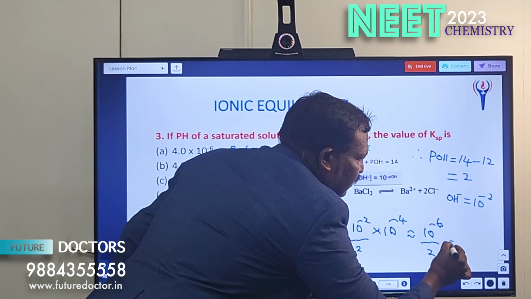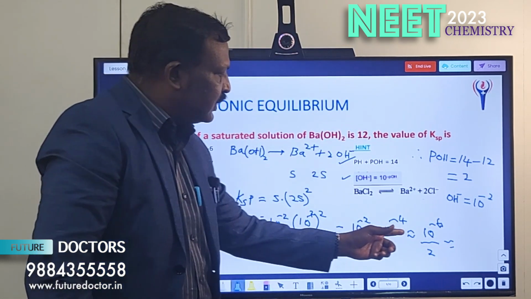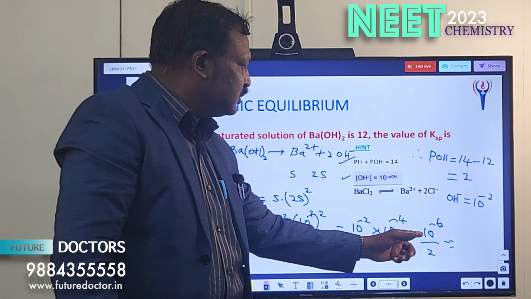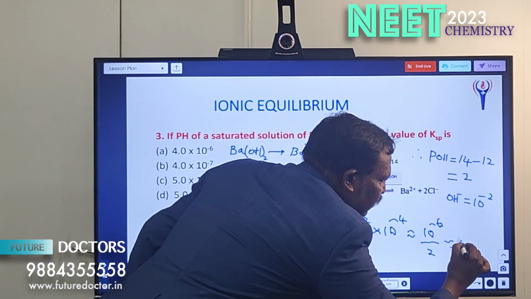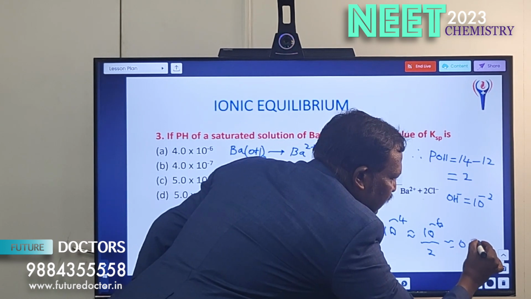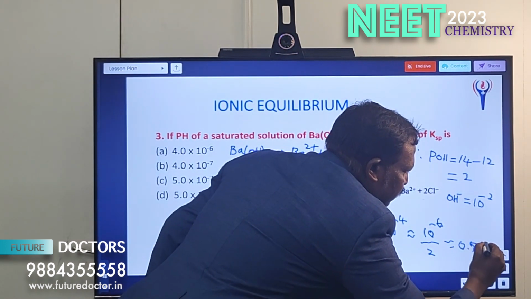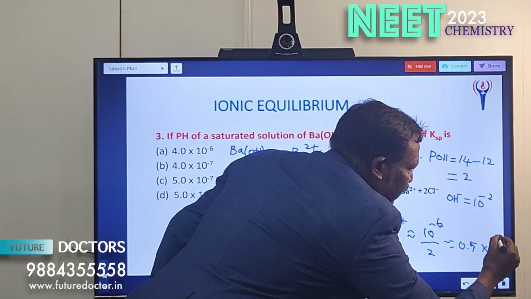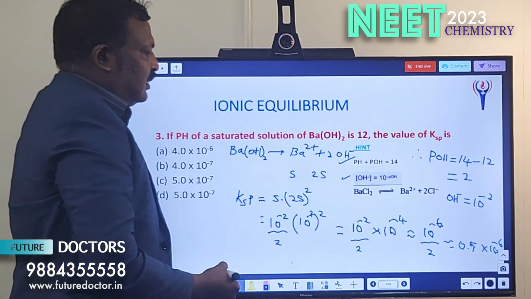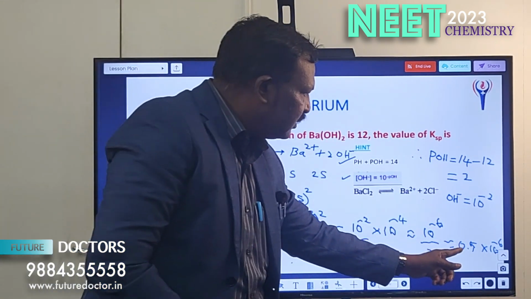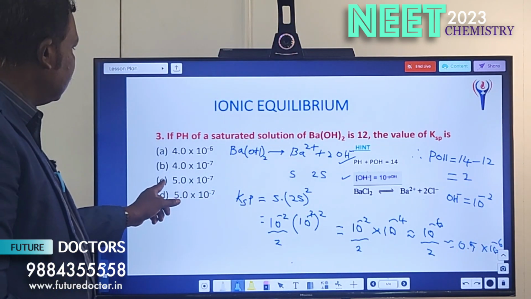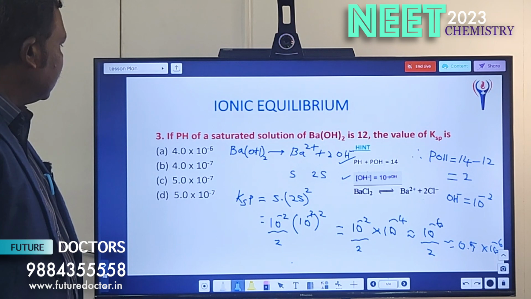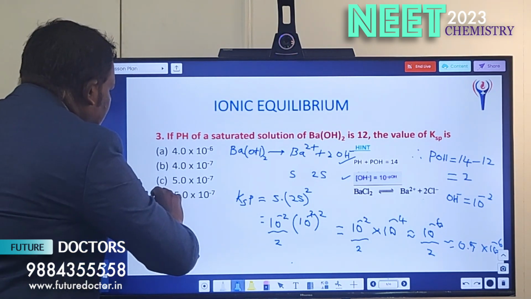Simply, 1 by 2 is 0.5. So 0.5 into 10 power minus 6. Then when the point goes to the right-hand side, it will be 10 power minus 7. Then we can say 5 into 10 power minus 7. So this is the answer for that.